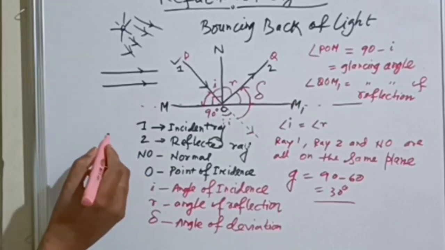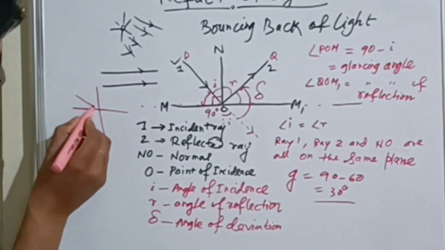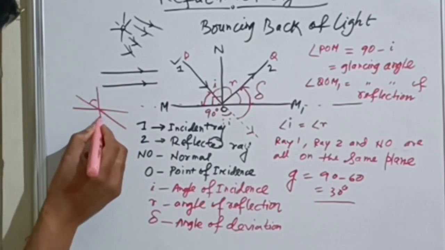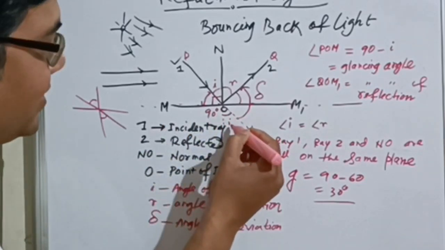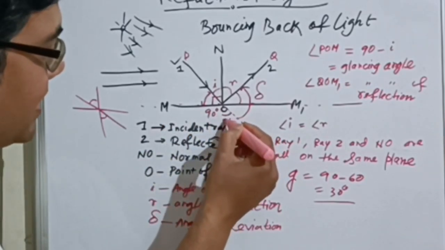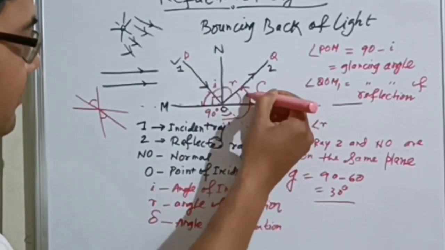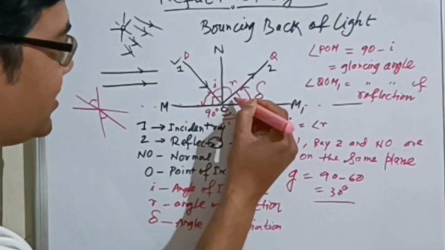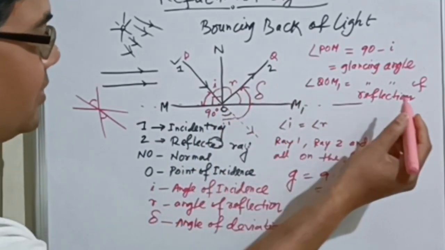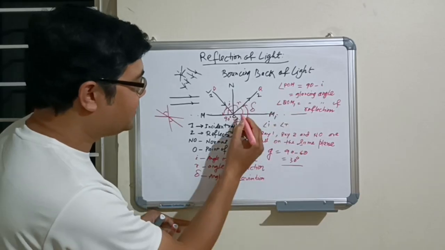Just see the concept here. This angle and this angle must be equal. If this angle is I, then what about this angle? This angle is equal to the glancing angle, I mean 90 minus r.